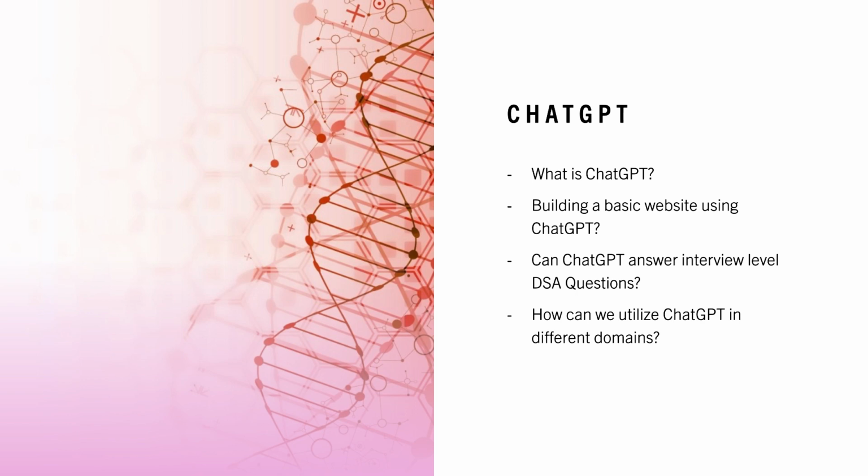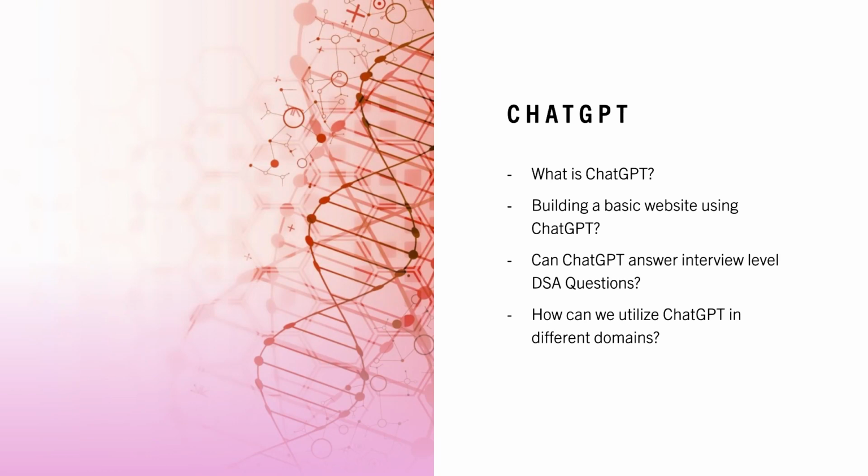OpenAI created this ChatGPT application, which is basically a large language model based chatbot. We can converse with ChatGPT as we converse with a normal human, and it will try to generate the correct responses based on the prompt that we provide. So this is the high level understanding of ChatGPT.